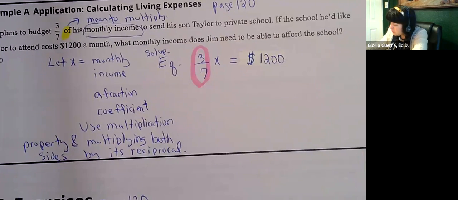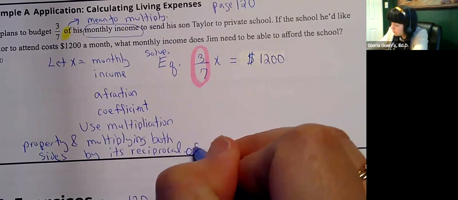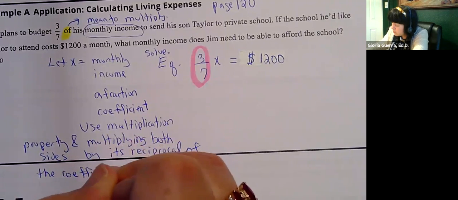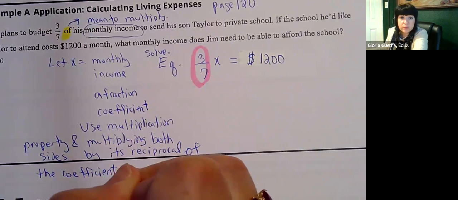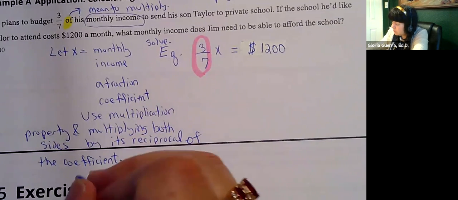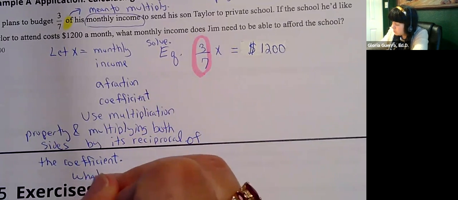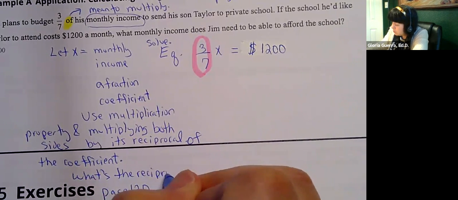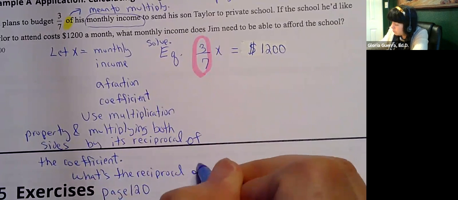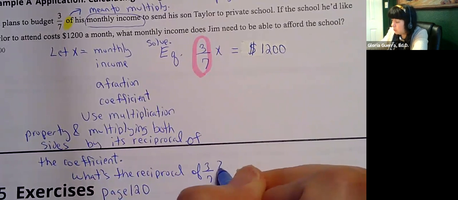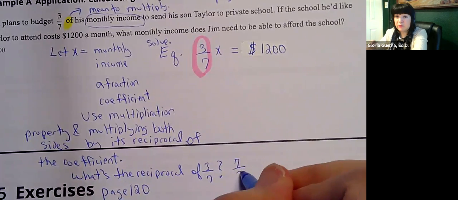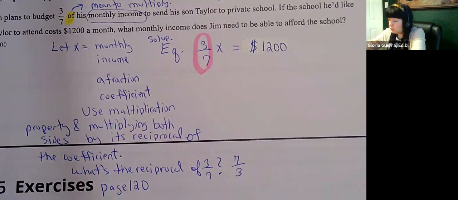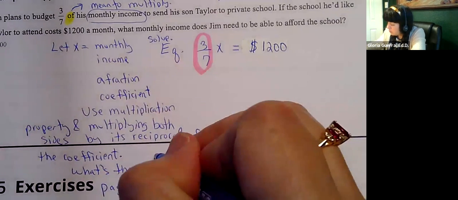And it's the reciprocal of the coefficient. So I'm going to ask, what's the reciprocal of 3/7? And you want to say 7/3. So reciprocal just means you just flip it.